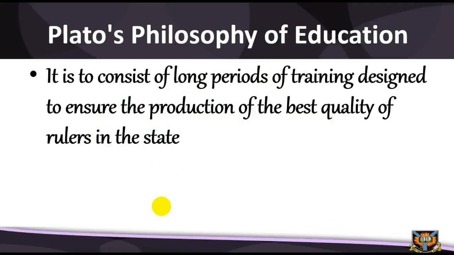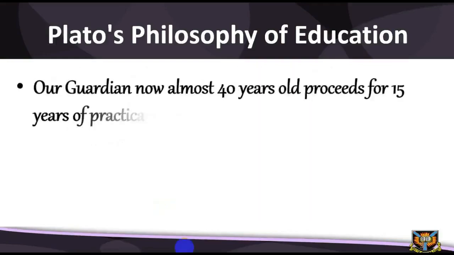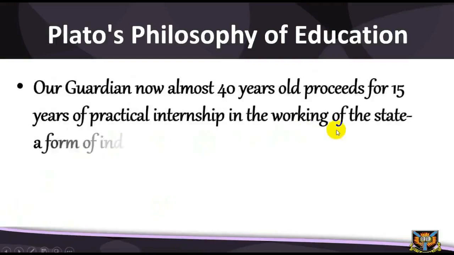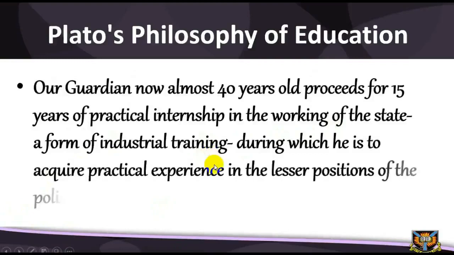This good, we must remember, is objectively real to Plato, whether one thinks of it or not, and it is only the philosopher that is capable of perceiving it. Finally, our guardian, now almost 40 years old, proceeds for 15 years of practical internship in the working of the state, a form of industrial training, during which he acquires practical experience in the lesser positions of the polis.